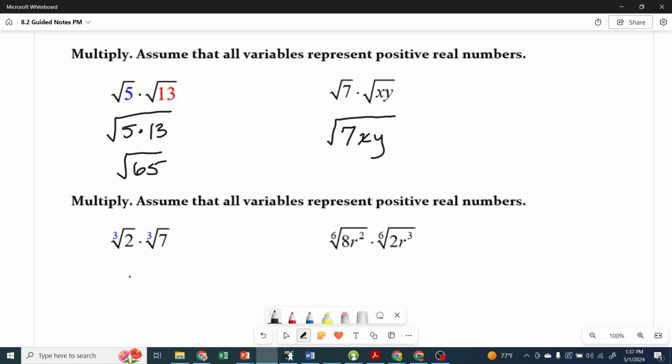This also works for other roots, right? So these are both cube roots. So this would be the cube root of 14. Over here, this would be the sixth root of 8 times 2, which is 16. r squared times r cubed is r to the fifth.